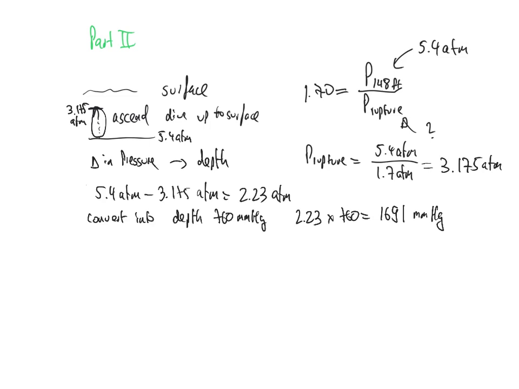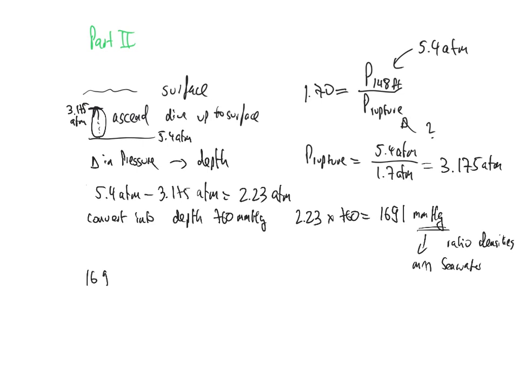That's not so useful because we are not diving in millimeters of Hg, but we can relate to millimeters of seawater using the ratio of densities. So that is pretty straightforward, because now what we can do is take these millimeters of Hg and convert them.